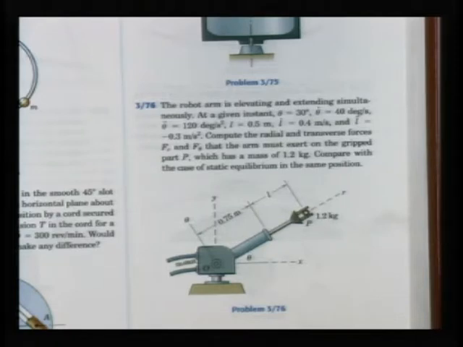And then we want to compute the radial and transverse forces that the arm must exert on the gripped part, which happen to have a mass of 1.2 kilograms. Compare the case with the static condition. Make sure we don't forget to do the static condition for comparison purposes.